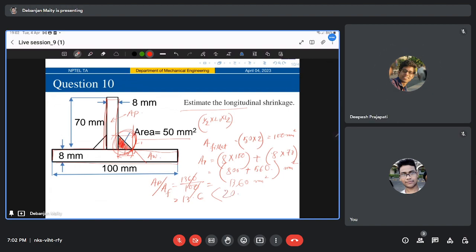So the empirical formula you can use here, like the longitudinal shrinkage will be 25 of A fillet by AP, right? So this is 25 into 100 by 1360. So what is the final value?